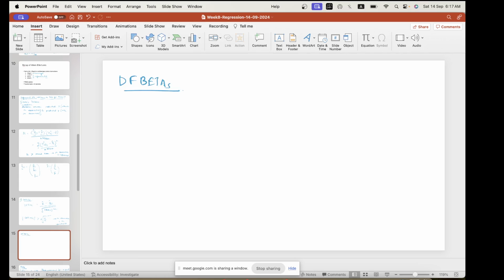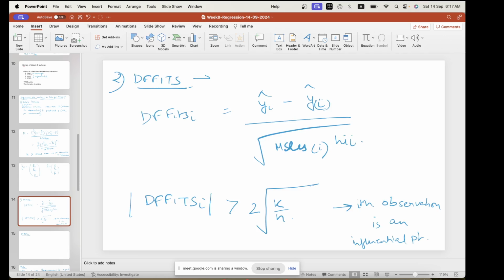So what does DFFITS indicate? DFFITS indicates how the fit changes, or how, I would rather say, how the prediction changes with or without the ith observation.